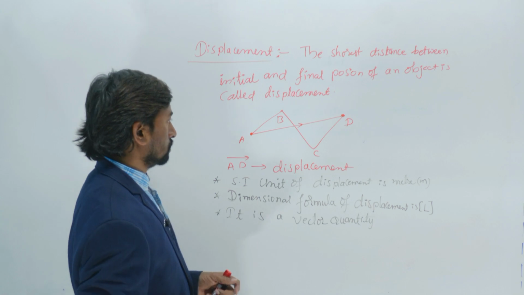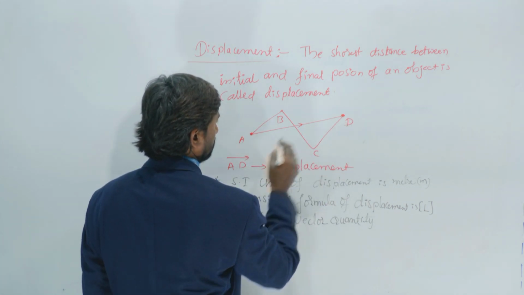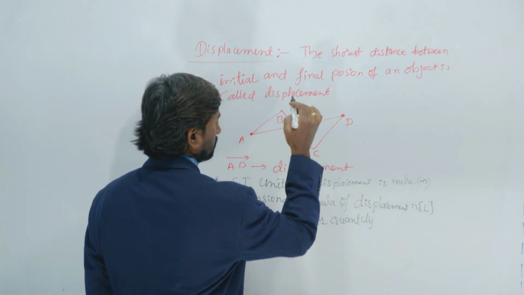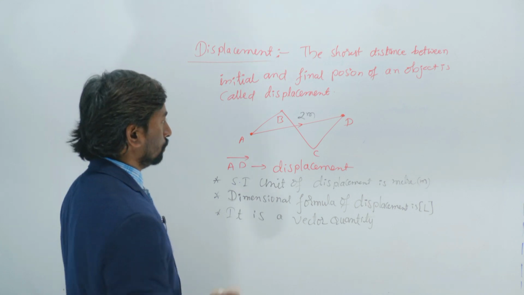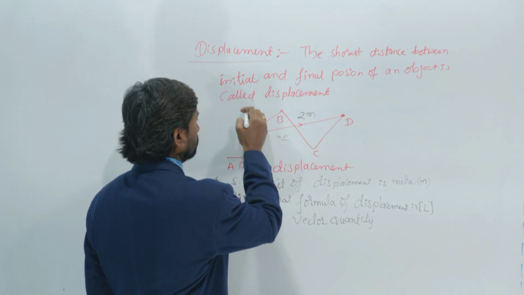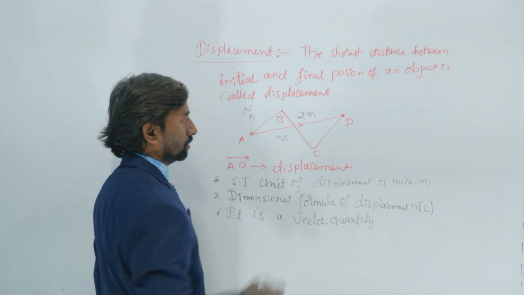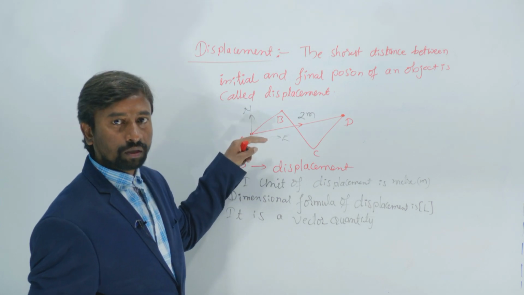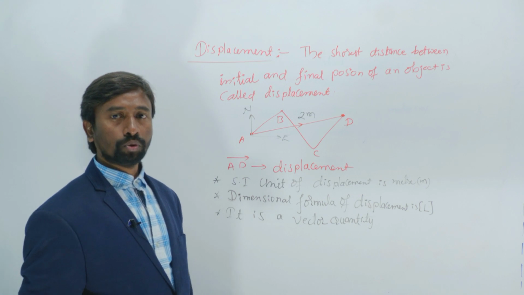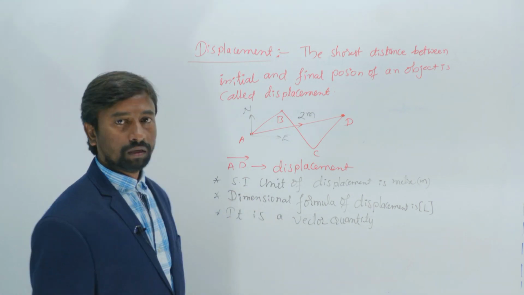Suppose you take from A to D, let us consider 2 meters. 2 meters in which direction? This is east and this is north, so we can represent it as the northeast direction. Like that, displacement has both magnitude and direction, so it is said to be a vector physical quantity.